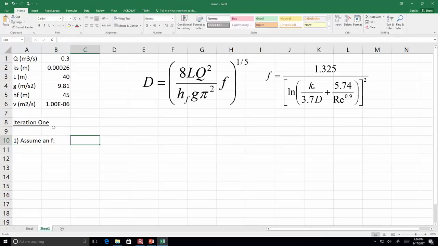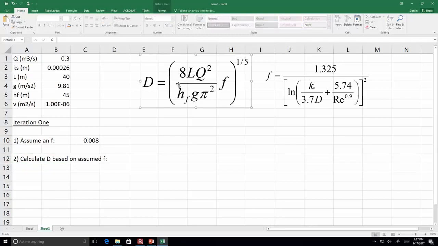And just to show how good this process is, let's start with a bad F value guess. We know it's probably not way out here in the margins, but we'll start with a bad guess just to see how long it takes to converge. Okay, the second step here is to calculate the D based on the assumed F.